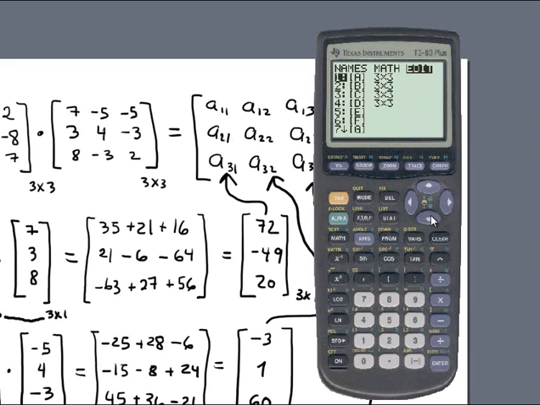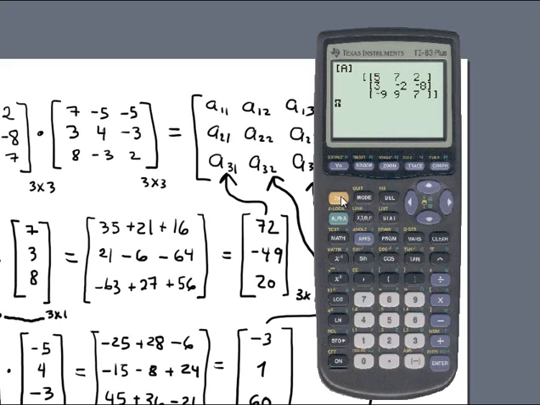Edit B, 3 by 3 again, and the numbers are 7, -5, -5, 3, 4, -3, 8, -3, and 2.